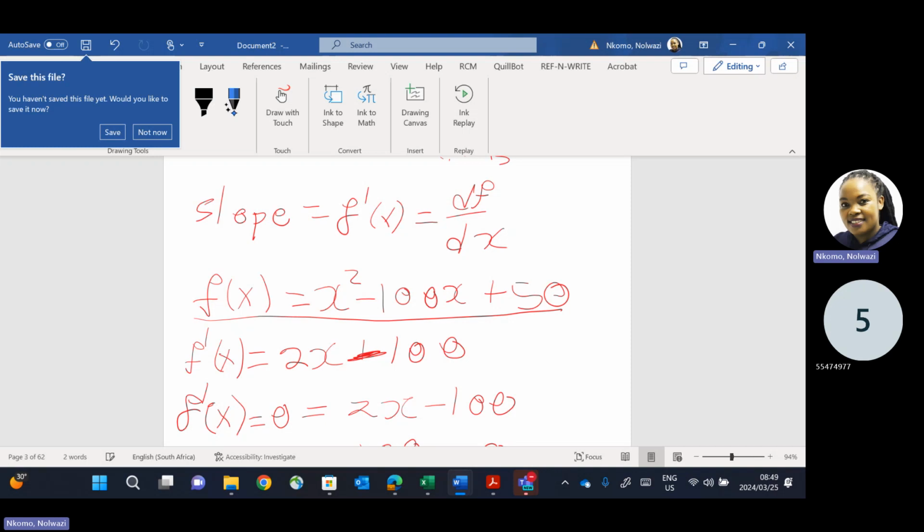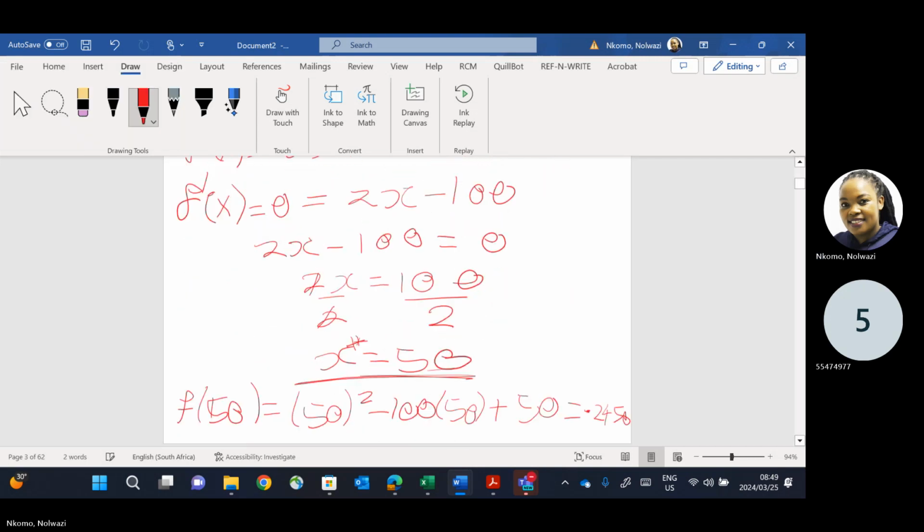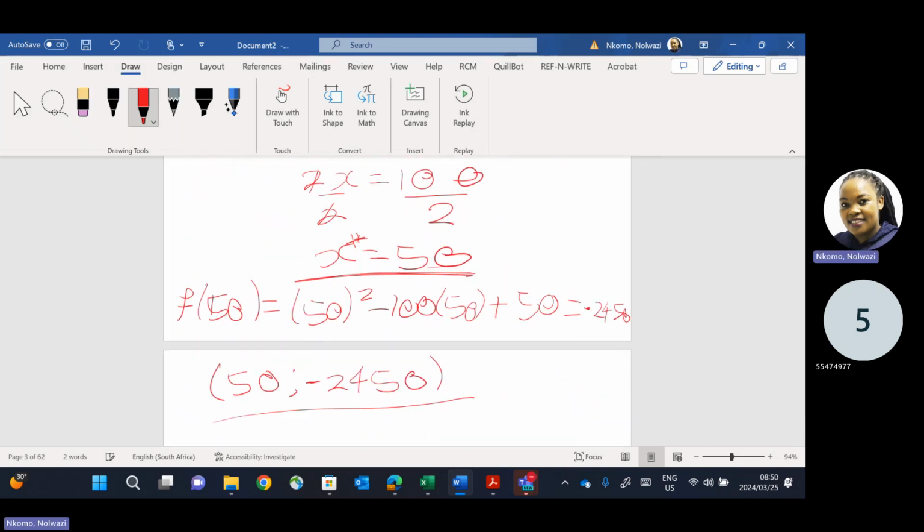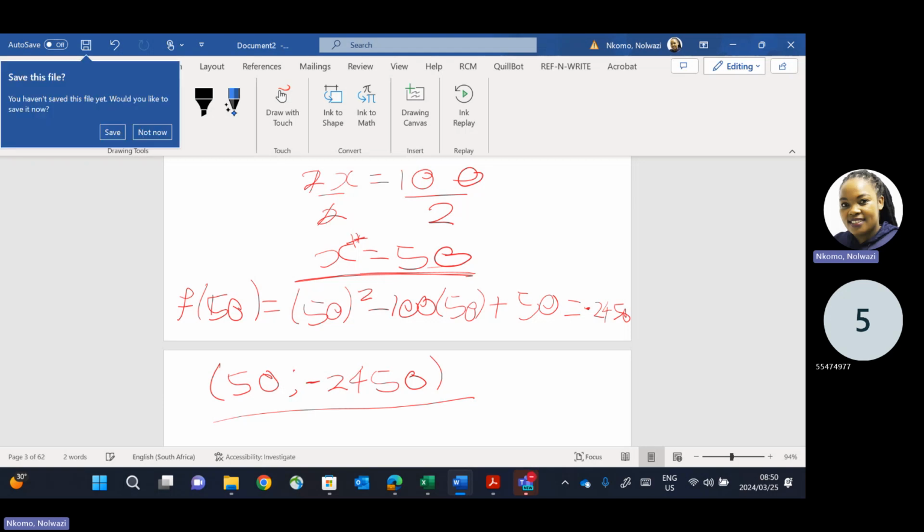Then the next section would be to find the nature of the point. Remember, we have the maximum and the minimum point. Here I showed you how to find that point. Then the next step is to determine whether that point is a maximum or a minimum.